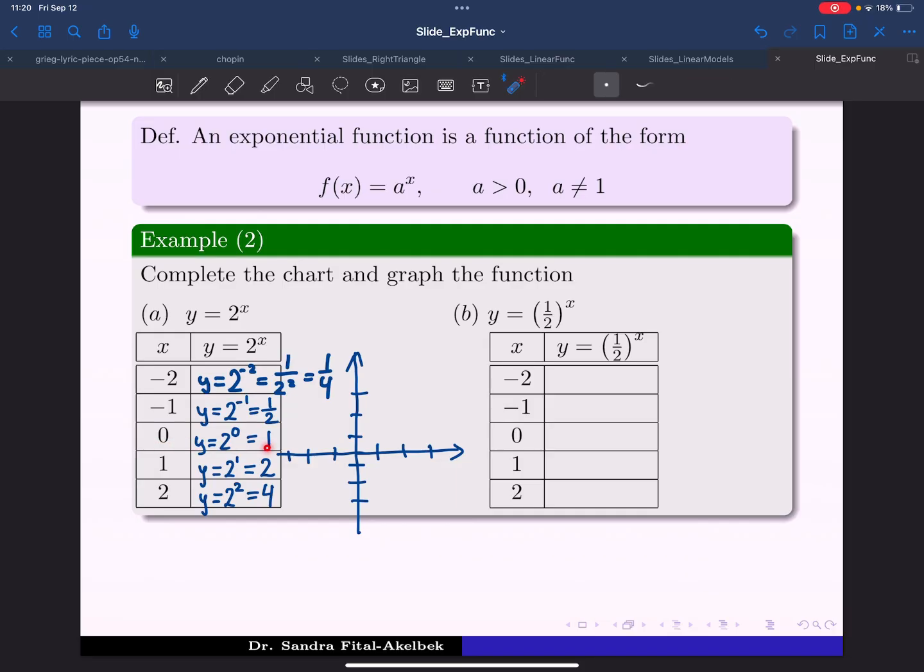So I need to mark 0 and 1, that's going to be my point. And then the next point would be 1 and 2. And then the next point would be 2 and 4.